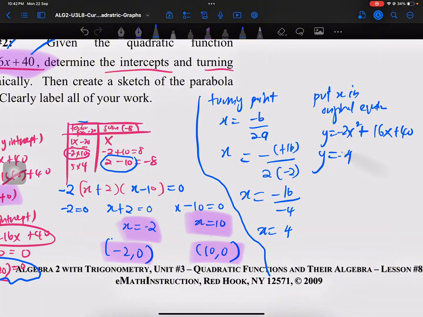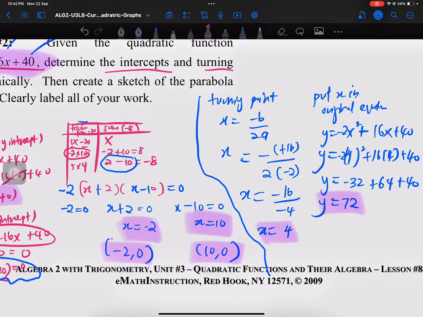Negative 2 times 4 squared plus 16 times 4 plus 40. So your y here is negative 32 plus 64 plus 40. It is 72. Y is 72. So from here you will get one more coordinate, which is 4, 72. Then you already have a turning point.